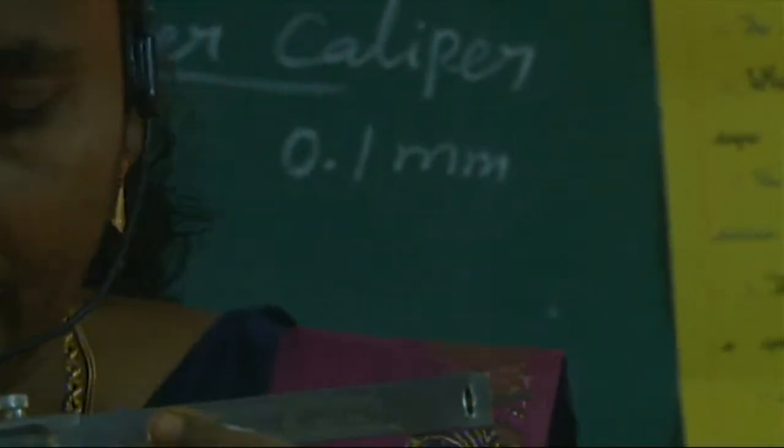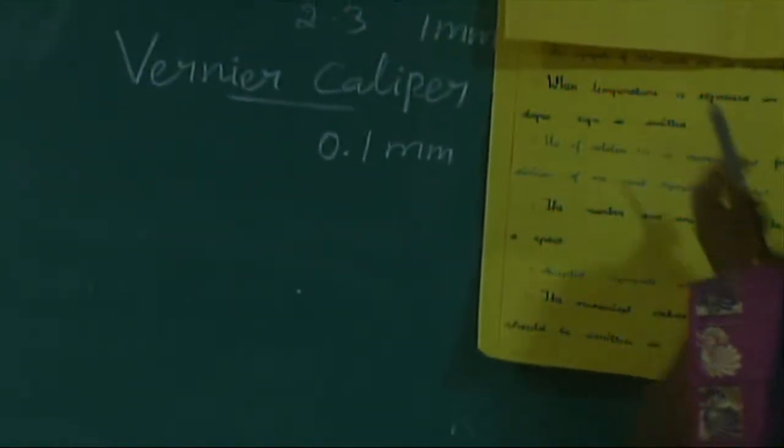This scale is called the main scale. So the Vernier Caliper consists of a thin long steel bar graduated in centimeter and millimeter, called the main scale. So we have to write this. Here, main scale.